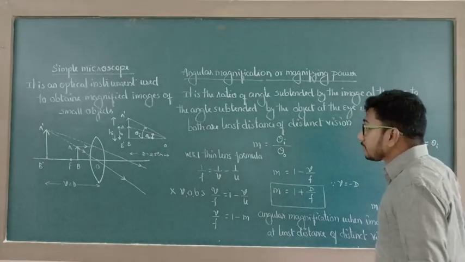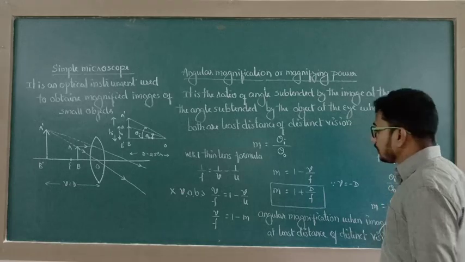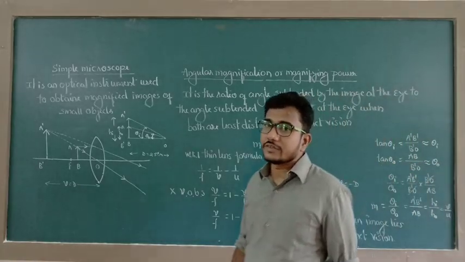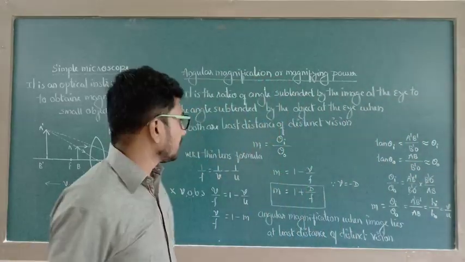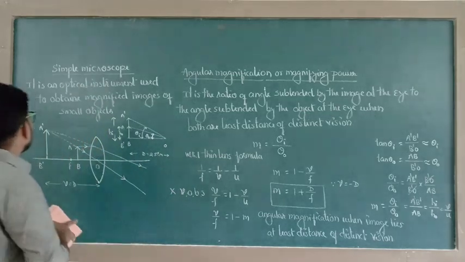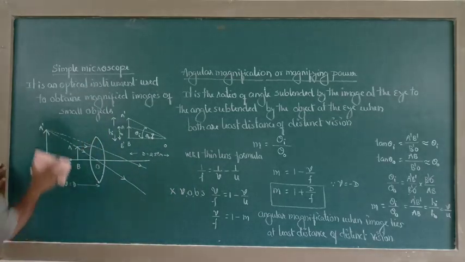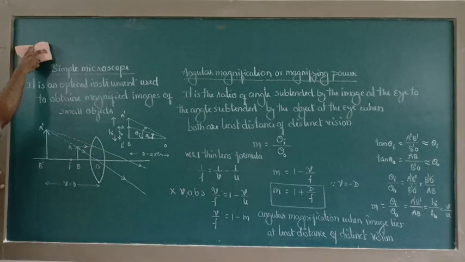And the next arrangement, when the image lies at infinity. So we know that when the image lies at infinity, the object should be at the principal focus.